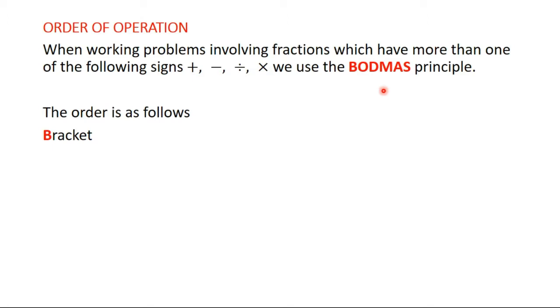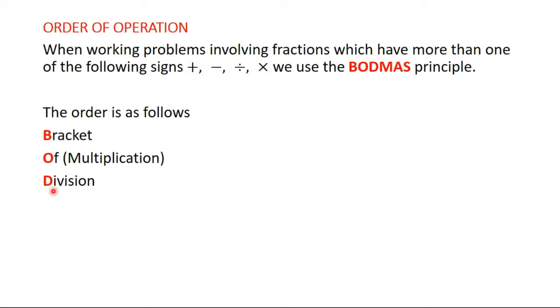Then after you've done what is in the brackets, you move on to of, or multiplication. So in fractions, whenever you see of, we are talking about multiplication. So after you've done what is in the bracket, check and see if there is any multiplication, or in this case of, in the question. Then you do the multiplication.